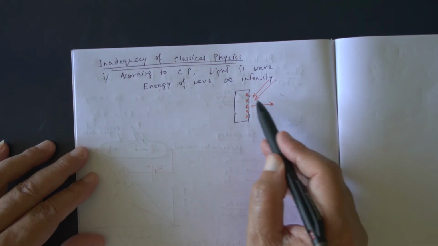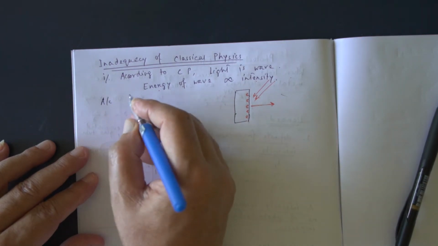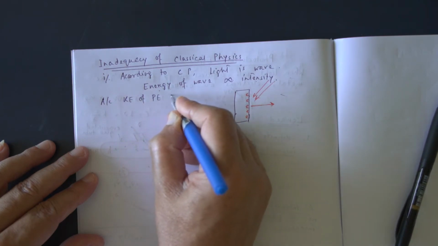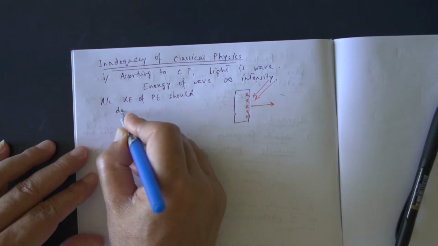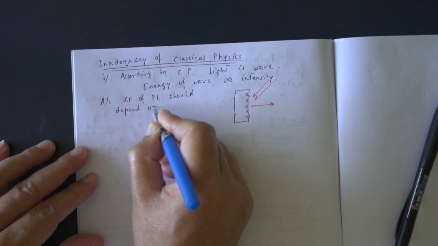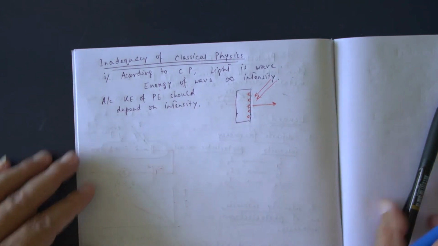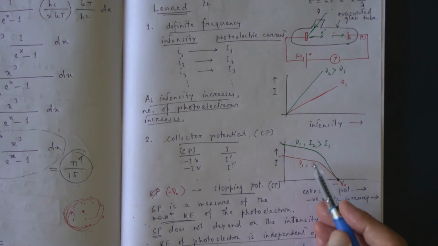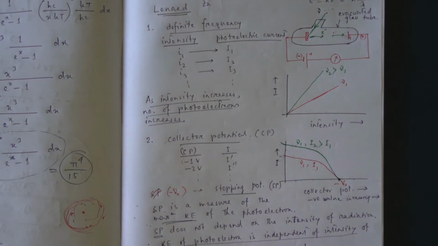According to classical physics, the kinetic energy of the photoelectron should depend on intensity. But experimentally we find that kinetic energy does not depend on the intensity. So that is one drawback.